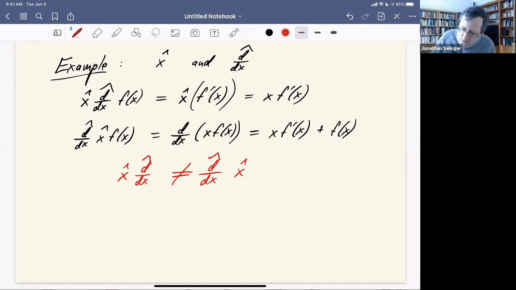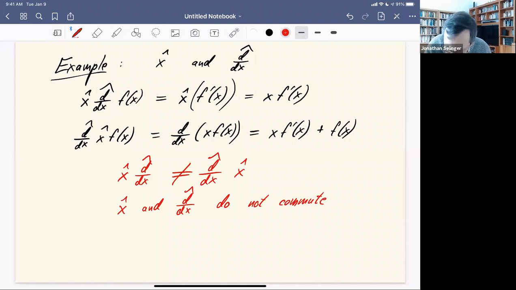And the word for this, if you're saying it out loud, is that x hat and d by dx hat do not commute. Okay, so this is what people say when they're speaking out loud. These two operators do not commute means you don't get the same answer if you put one first and then the other, or the second first, second and then the first.